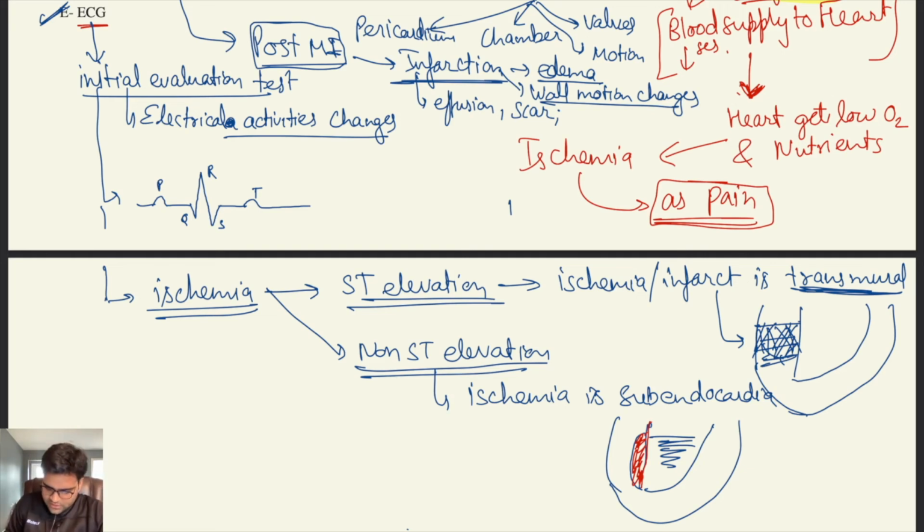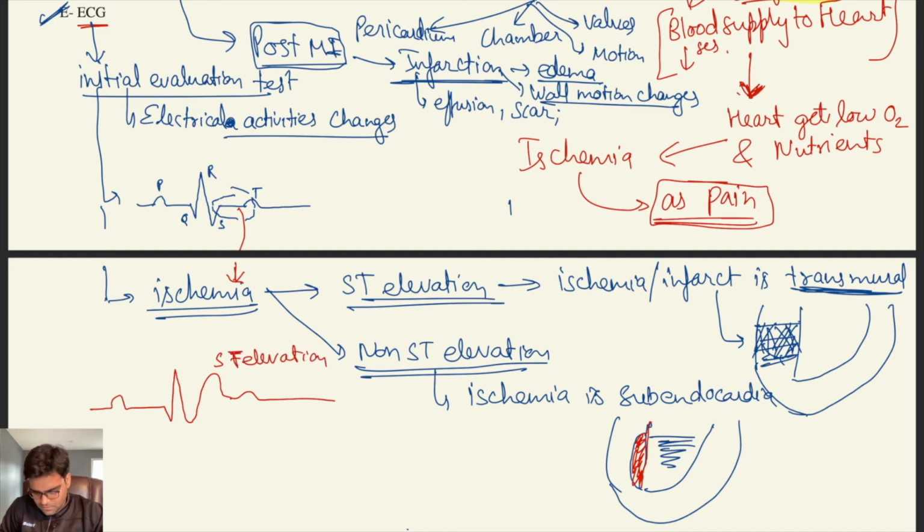Initially what we see is this section, I'll make this the ST section, either it will go up like this, which is ST elevation, or it will go like this: P, Q, R, S. So this section goes down. This is ST depression.